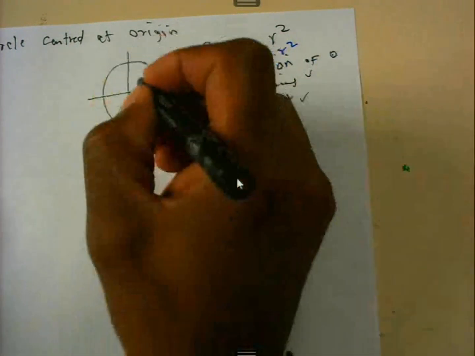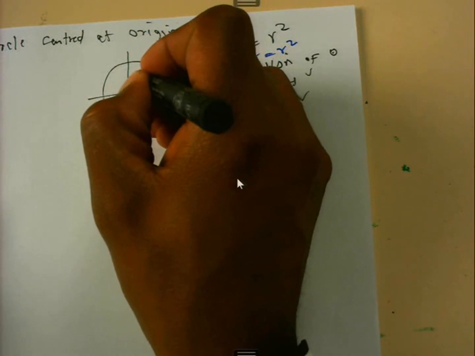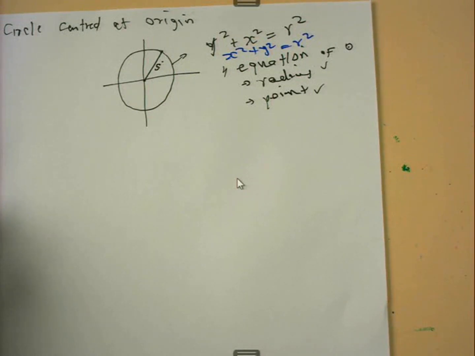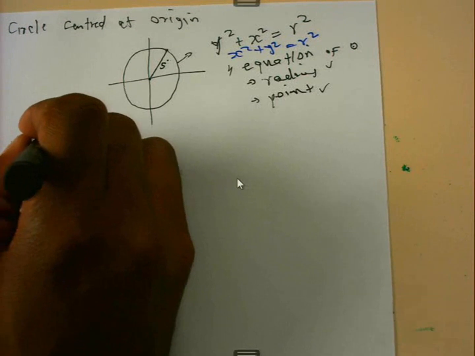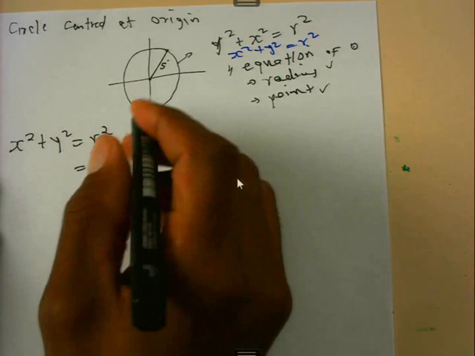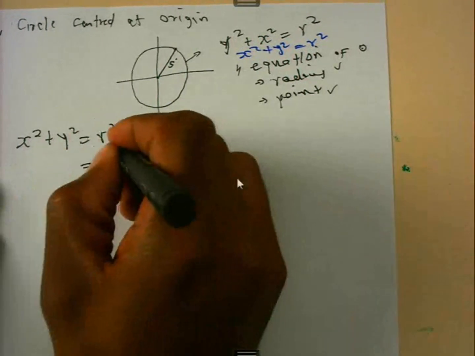Maybe just to emphasize the radius as well as the point on the circle, if I make an example here, suppose we are given that the radius is 5. Now it will be easier to determine the equation, because the only thing we need in x squared plus y squared is equal to r squared is to substitute r with 5 and square it.